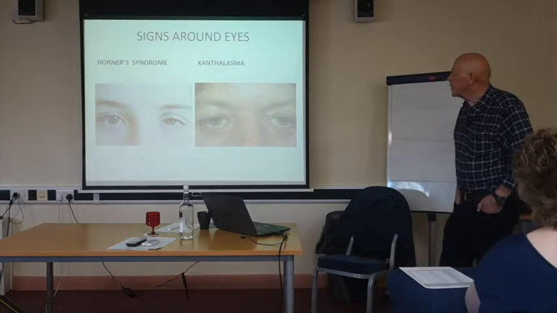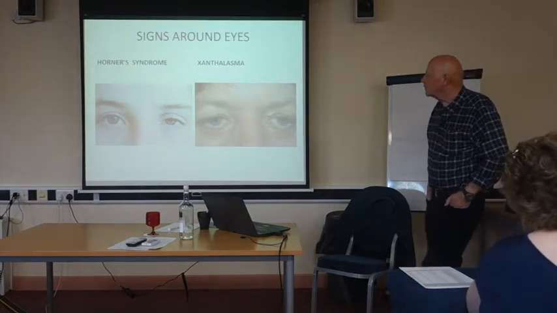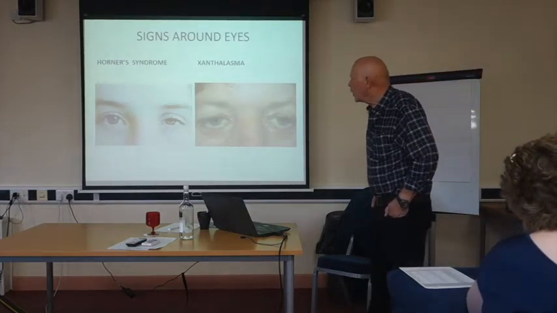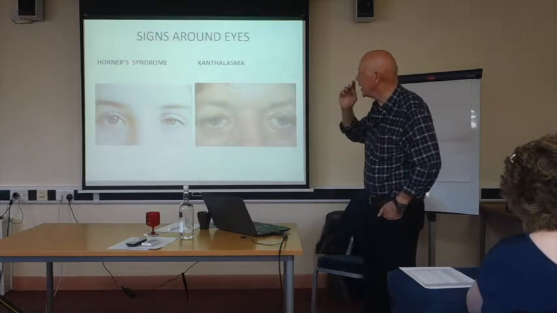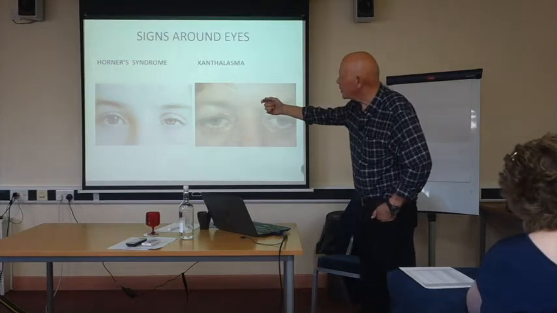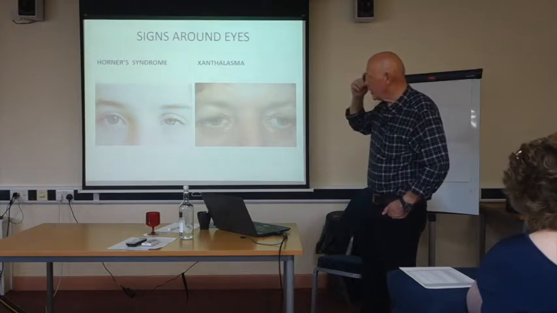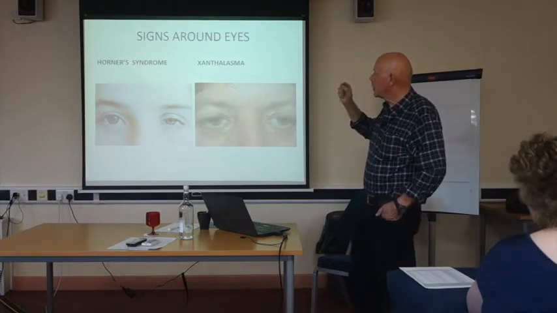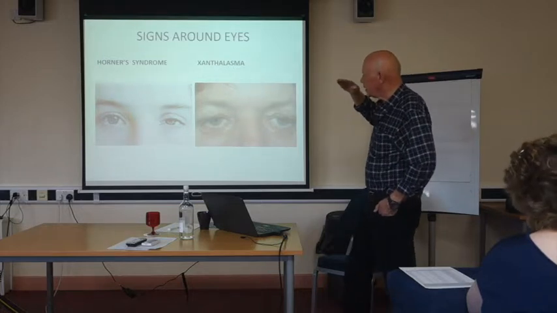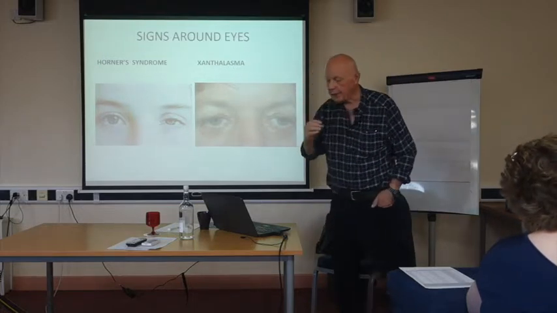In the area around the eyes, the picture on the left, the patient's right eye is normal, the eyelids are in the normal place. The left eye, you can see the eyelid is drooping there.